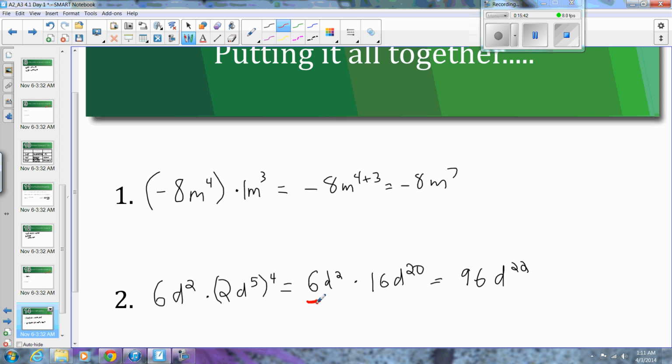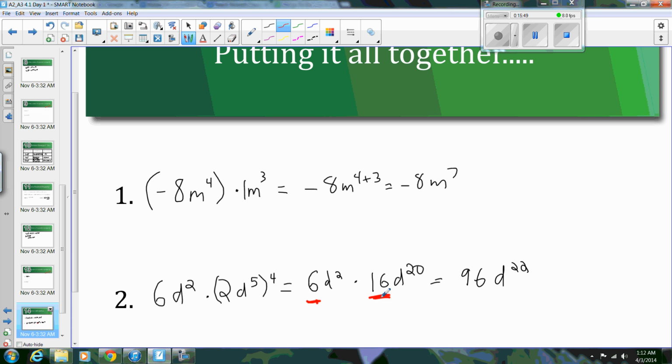When I'm trying to multiply these two and they both have different coefficients on d, my first step is to just simply multiply my coefficients. 6 times 16 is 96, right? And then I can multiply my exponents. So I'm using my exponent rules to multiply d squared and d to the 20th. I'm using just standard multiplication to multiply their coefficients, all right? So that's important to keep in mind.